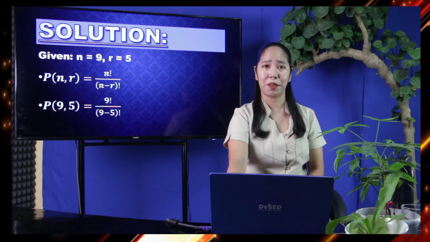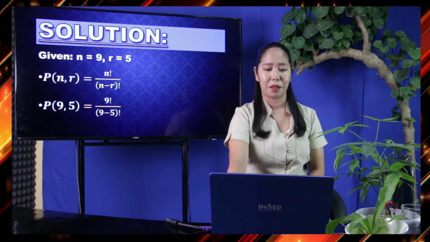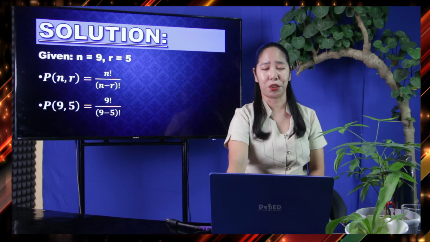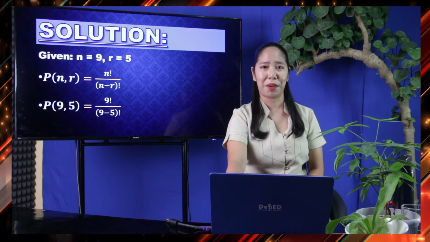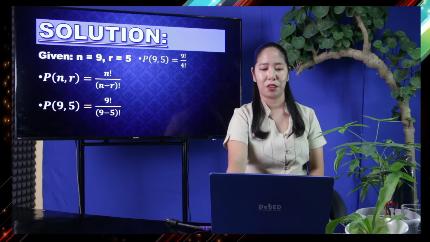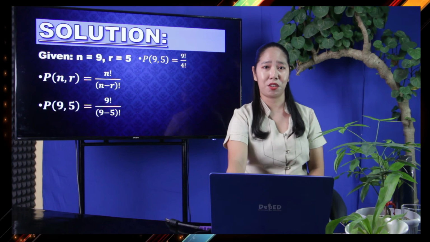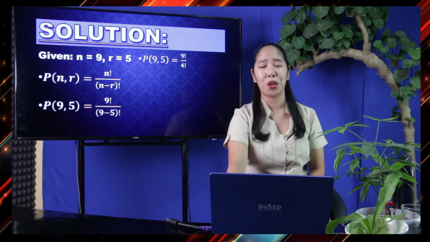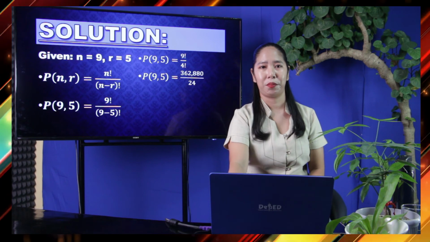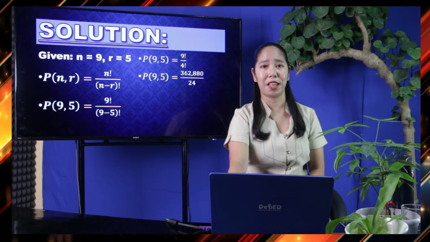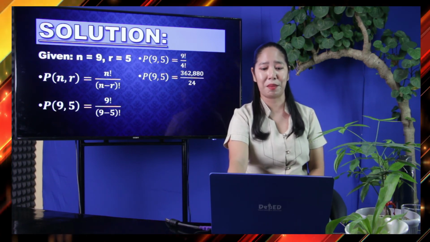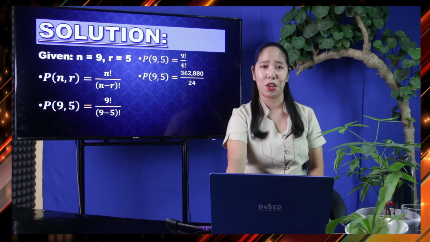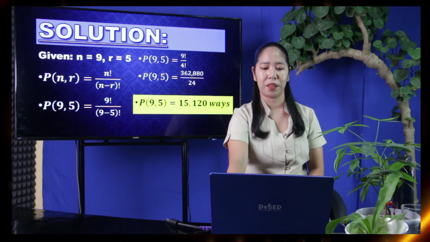So we have permutation of 9 English books taken 5 at a time equals 9 factorial over quantity 9 minus 5 factorial, which is 9 factorial over 4 factorial, or 362,880 over 24.